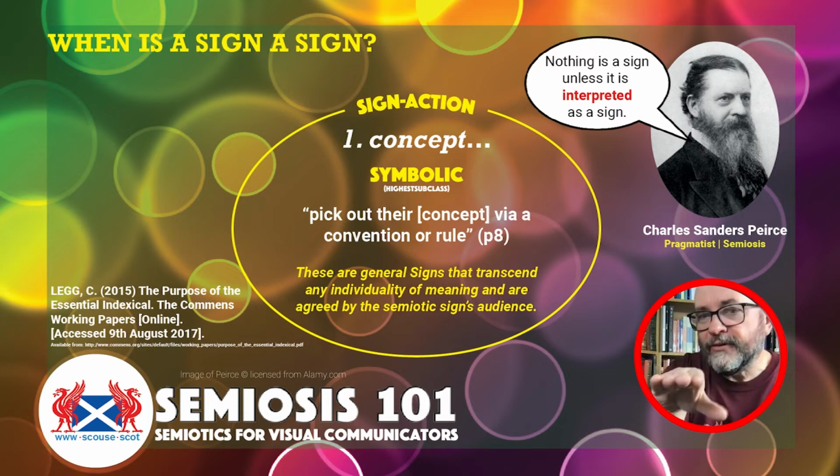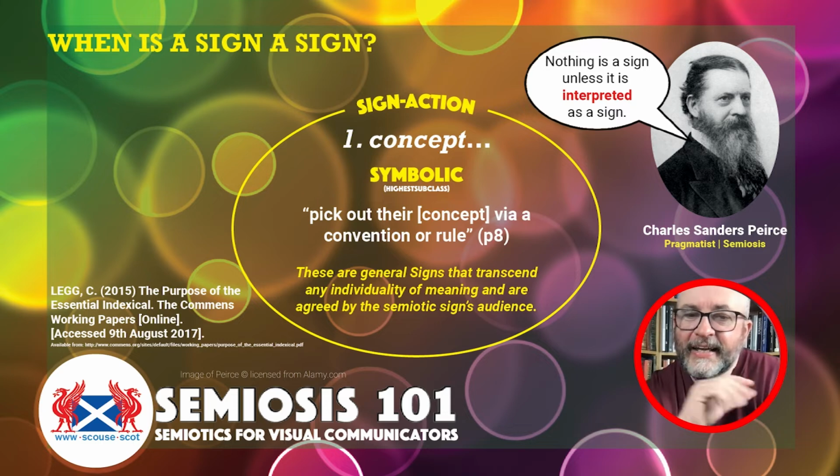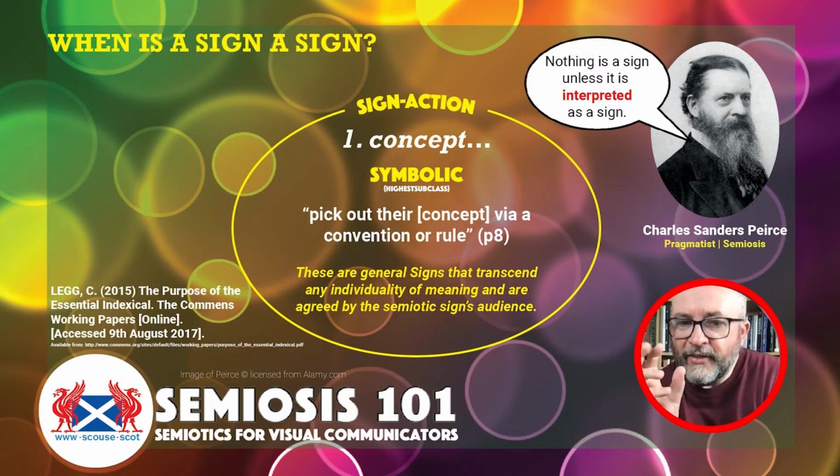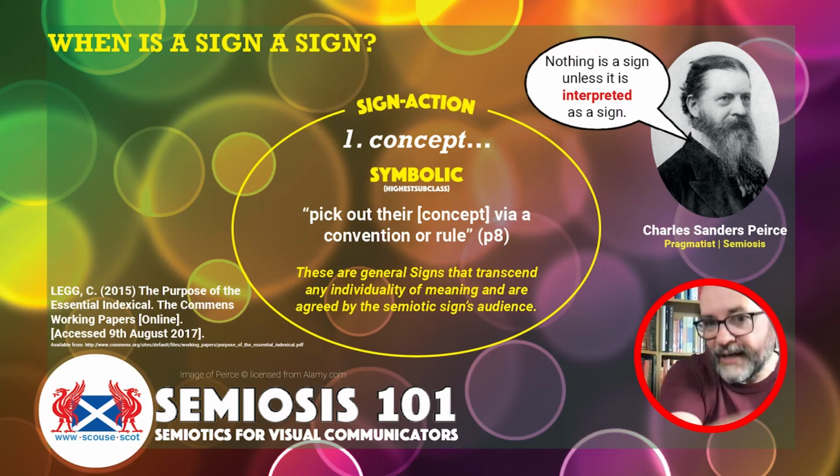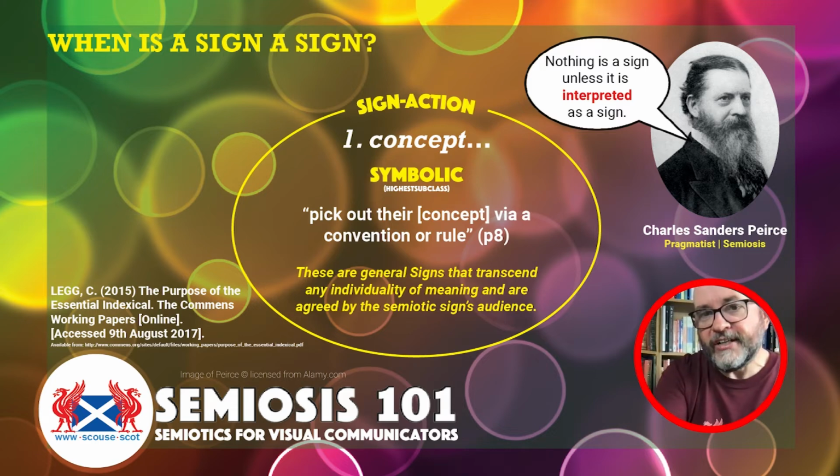So at this level, the highest level of semiotic representation within sign action, within semiosis, the symbolic level of communication is a general level because it transcends any individuality of meaning, and the whole of the target audience agrees that when they see these things together, it means that. So it's no longer just about, oh, that is that as an existing thing, but all these things come together to actually suggest, this means that now.